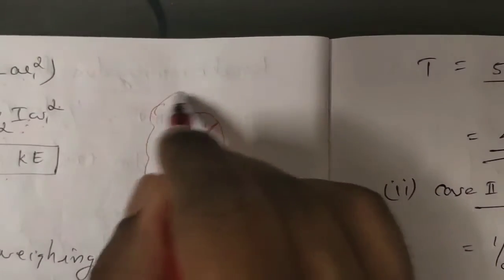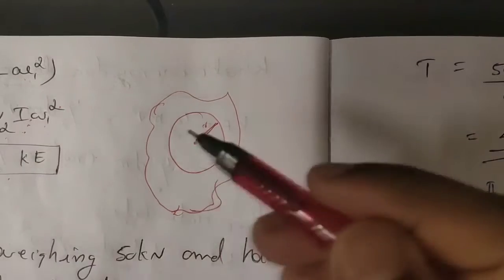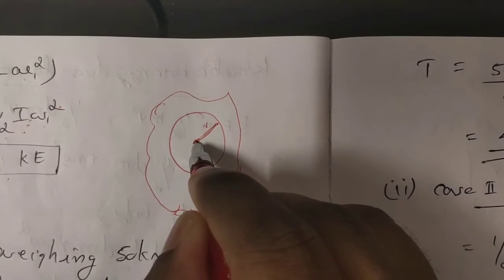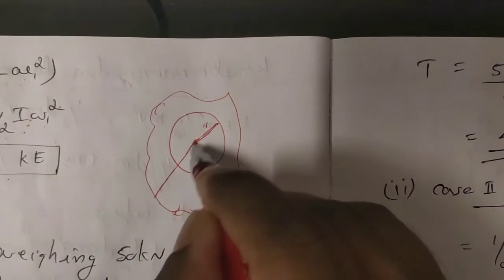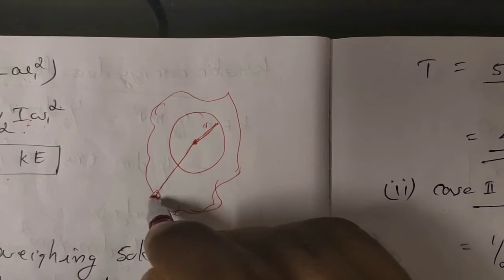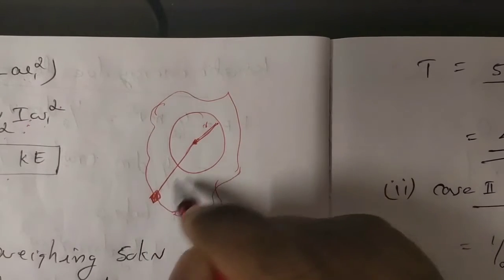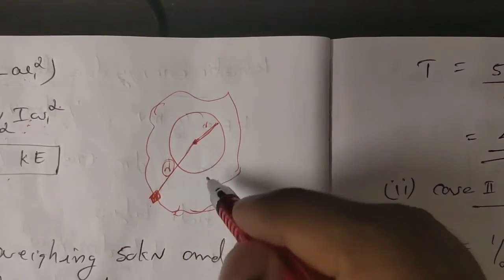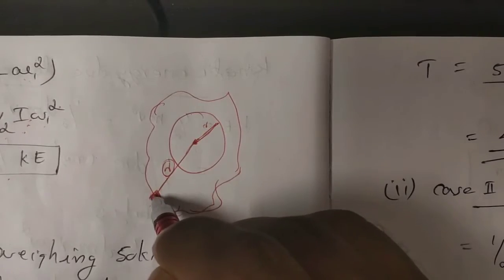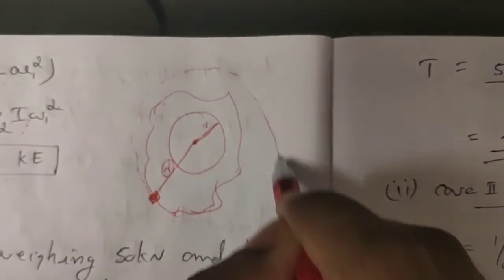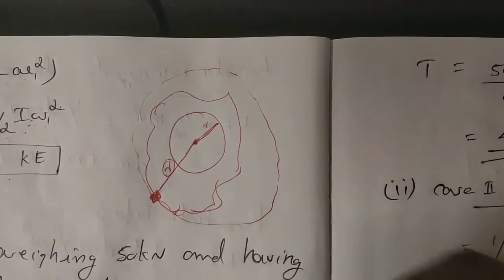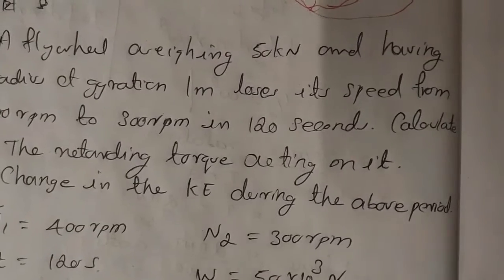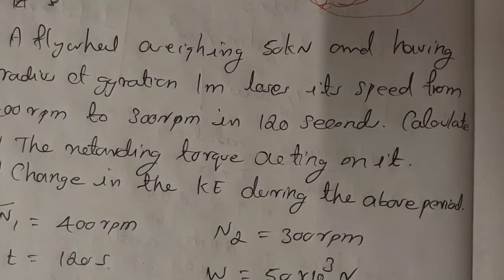But if it is an unshaped body or rectangular or any other type, considering one axis, the distance from the axis to the considered elemental body is called the radius of gyration. In this case both are the same because the elemental body rotates as a circle. So don't worry about it: if the question gives radius of gyration or radius, both are almost the same.